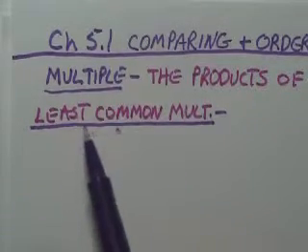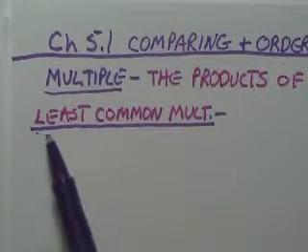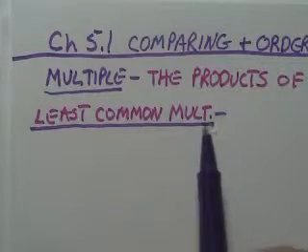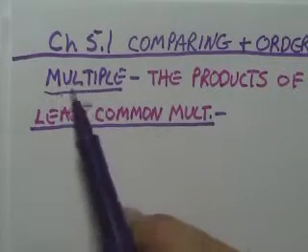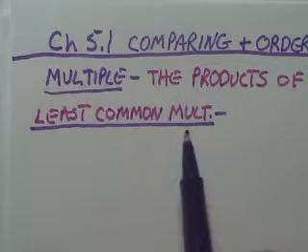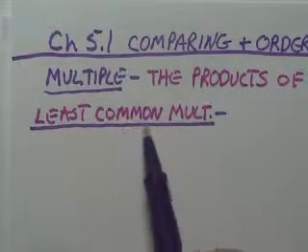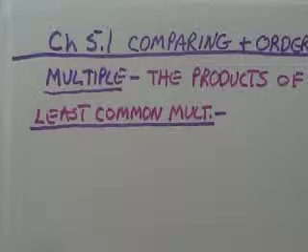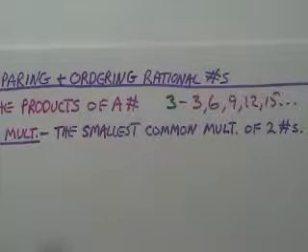The next one is least common multiple. And I just abbreviated multiple because I already have the word right there. So what is it?